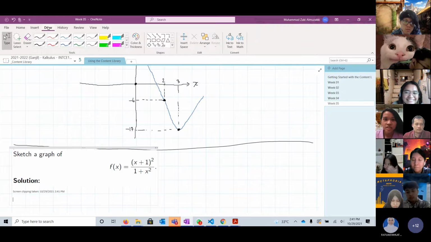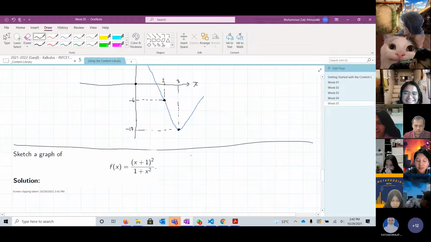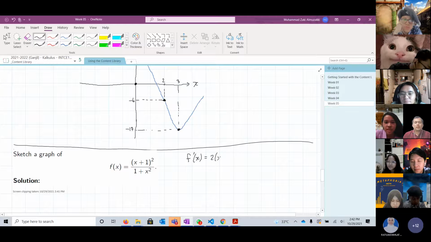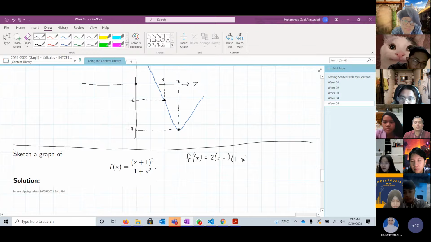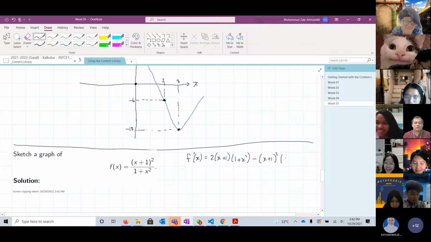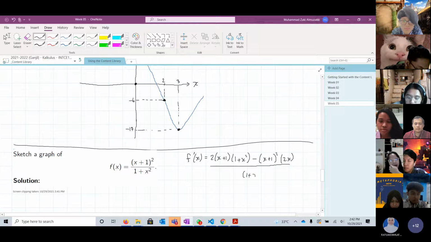We find f prime. F prime of x is 2x plus 1 times 1 plus x squared minus x plus 1 squared times 2x, over 1 plus x squared squared.